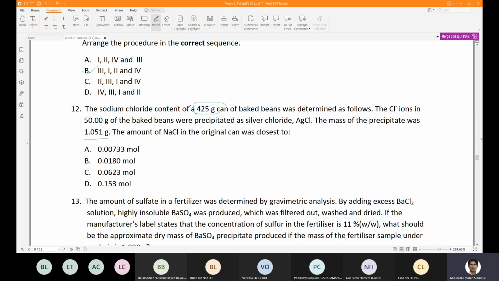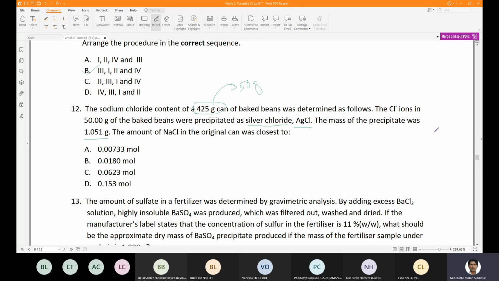So the total beans is 625 gram. And then the chloride ion in the 50 gram of the baked beans, we have taken 50 gram out of it, and then we treated it with silver nitrate to precipitate the chloride as silver chloride, AgCl, right?